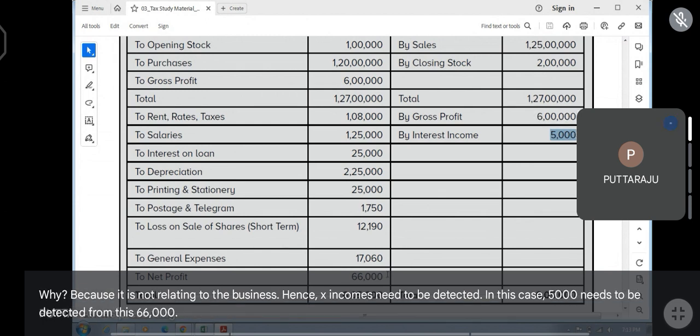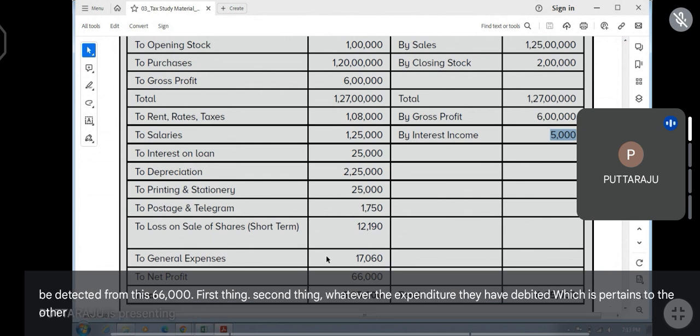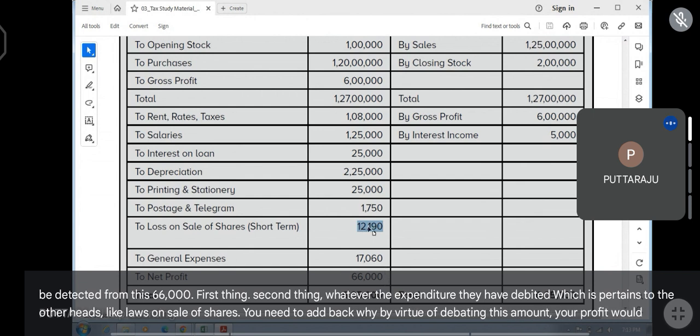Second thing, whatever expenditure they have debited which pertains to the other heads, like loss on sale of shares, you need to add back. Why? By virtue of debiting this amount, your profit would have come down to that extent.